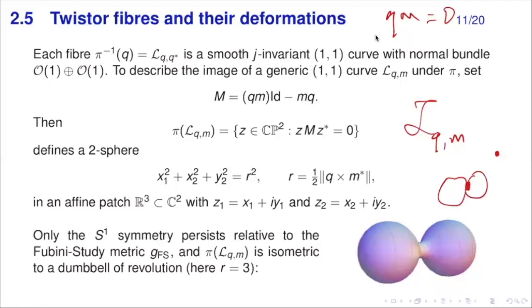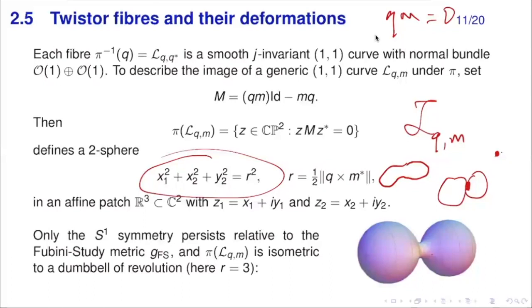So somehow what happens is you can deform according to the cross product Q cross M star. You'll either have a point or it will get bigger, and halfway between the point and this dumbbell thing, you'll have a sort of peanut shell shaped surface, and eventually the two spheres will stick together. And the interesting thing about this is we're not really talking about any twistor theory here. I'm just telling you what this equation looks like relative to the Fubini-Study metric.